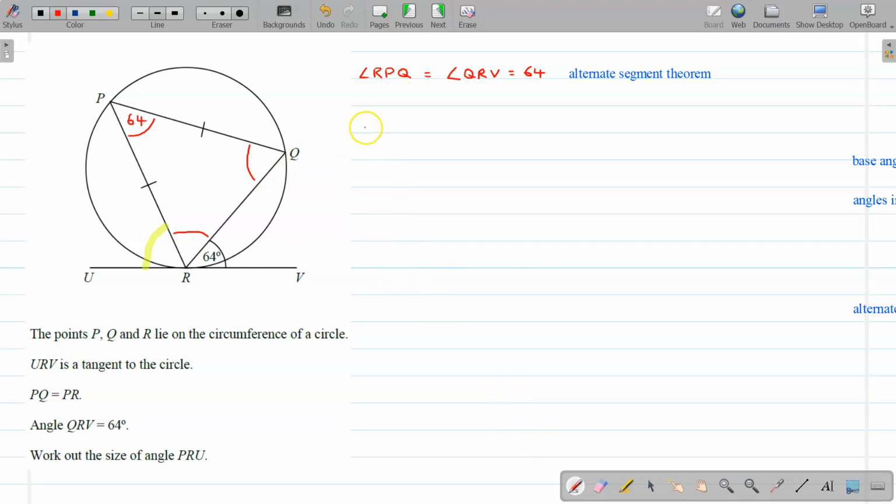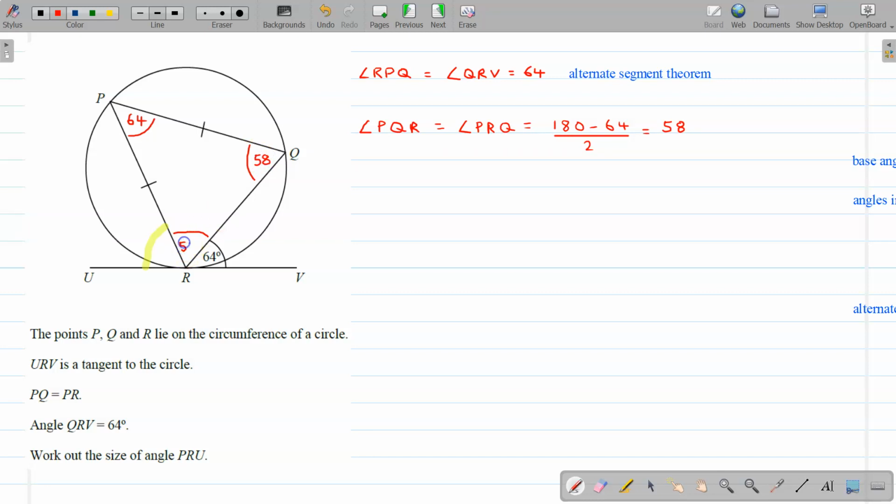So for the next part, angle PQR is equal to the angle PRQ, and they're both equal to 180 minus 64, which is the one at the top, divided by 2, because they are angles in an isosceles triangle, and that comes to 116 over 2, which is 58. I'll put those in there now, 58 and 58.